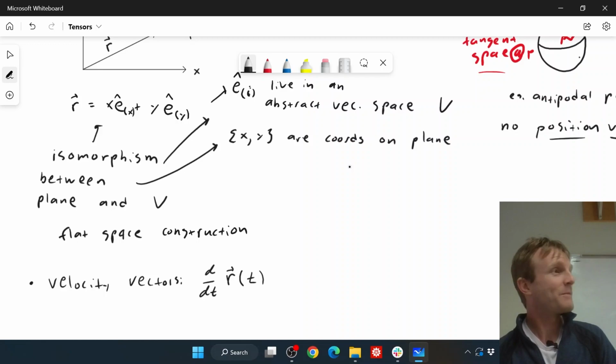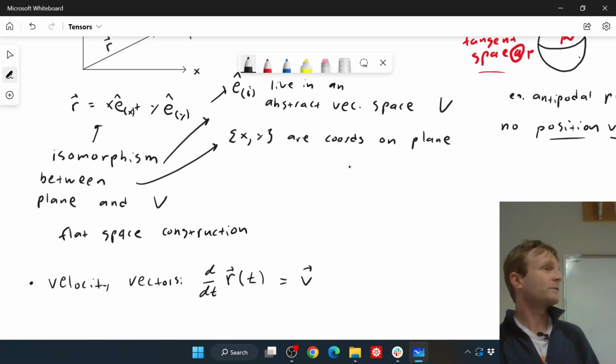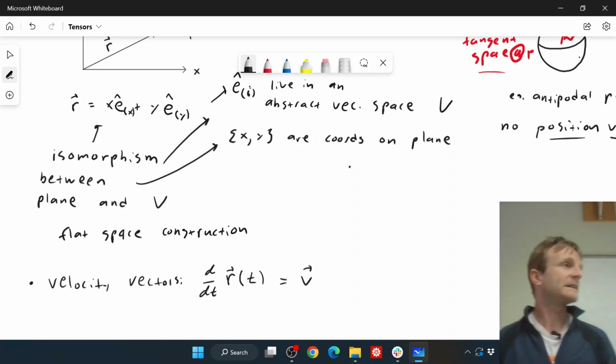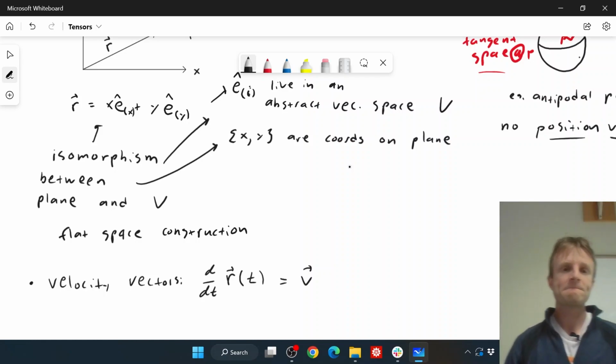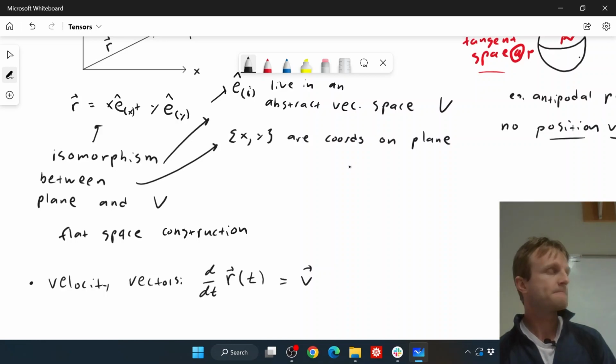But there's something very important going on here when we go to curved space-time, or curved space. So this thing is a perfectly good vector because r, the position vector, was a perfectly good vector. That's how you think about it in a flat space, right? But in a curved space, as we'll see, r won't be a good vector, just like it wasn't in a curvilinear coordinate system, but v will be.